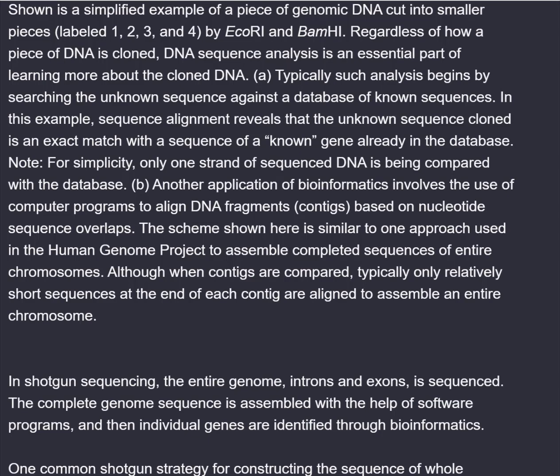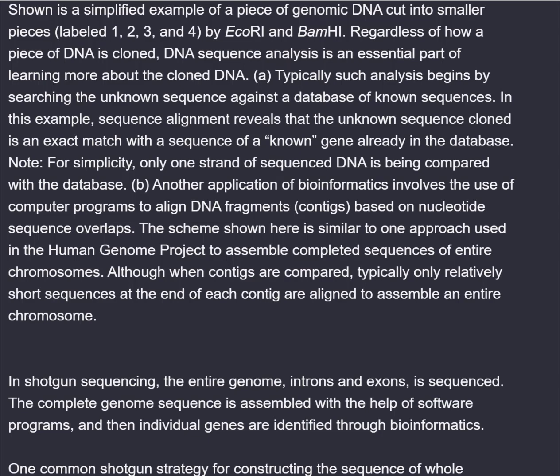Typically such analysis begins by searching the unknown sequence against a database of known sequences. In this example, sequence alignment reveals that the unknown sequence cloned is an exact match with a sequence of a known gene already in the database. Note, for simplicity, only one strand of sequenced DNA is being compared with the database.